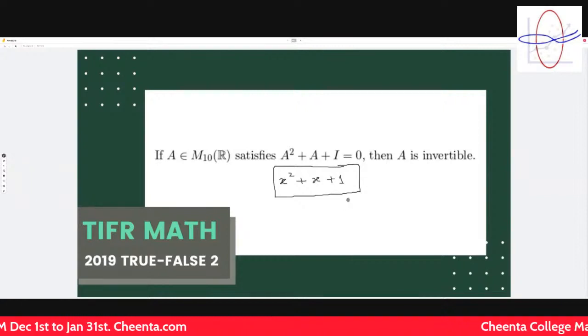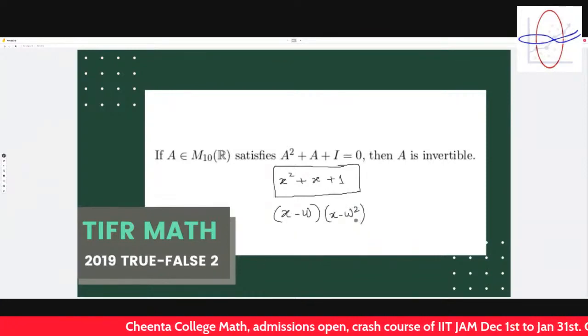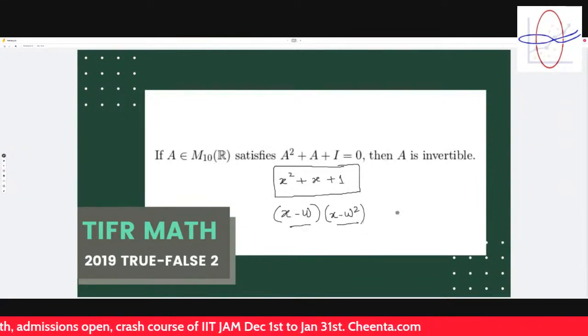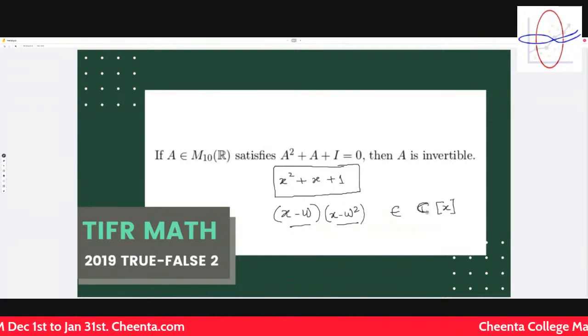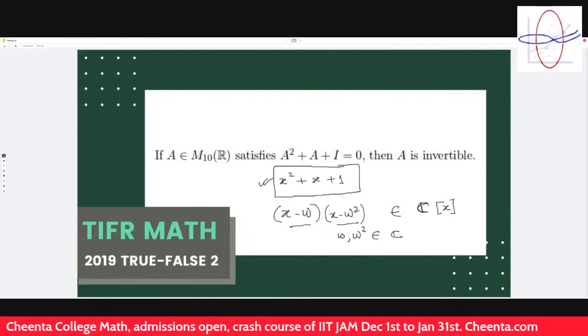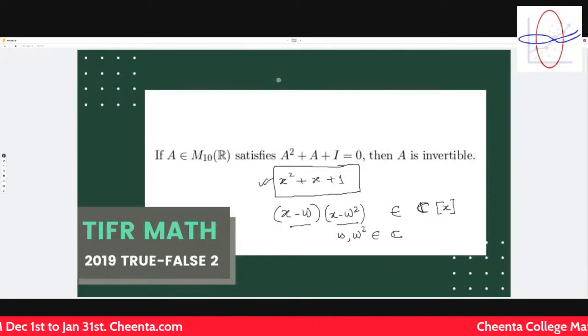But if this polynomial has to be reducible, that means you want to write it as x minus omega times x minus omega square, then individually both these factors have to be inside C[x]. Generally the roots belong to C, and thus this polynomial is not reducible over R. So this polynomial cannot be reduced over R.